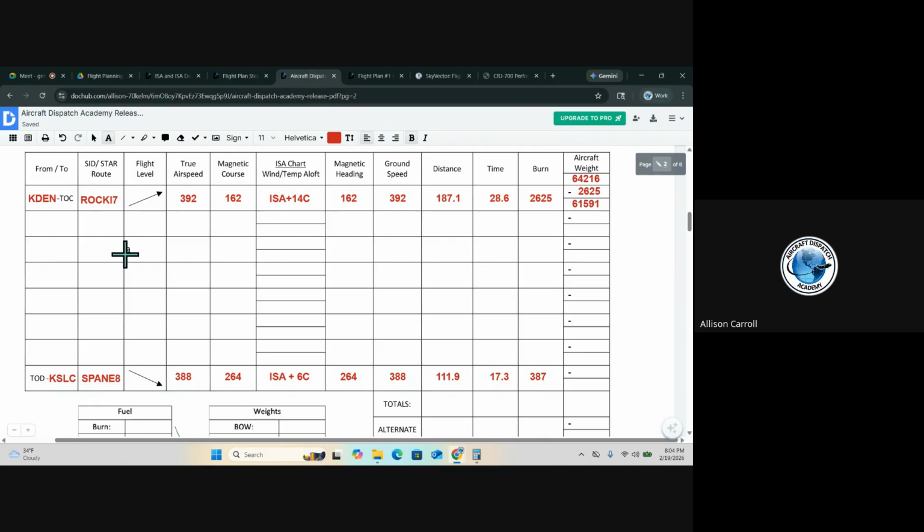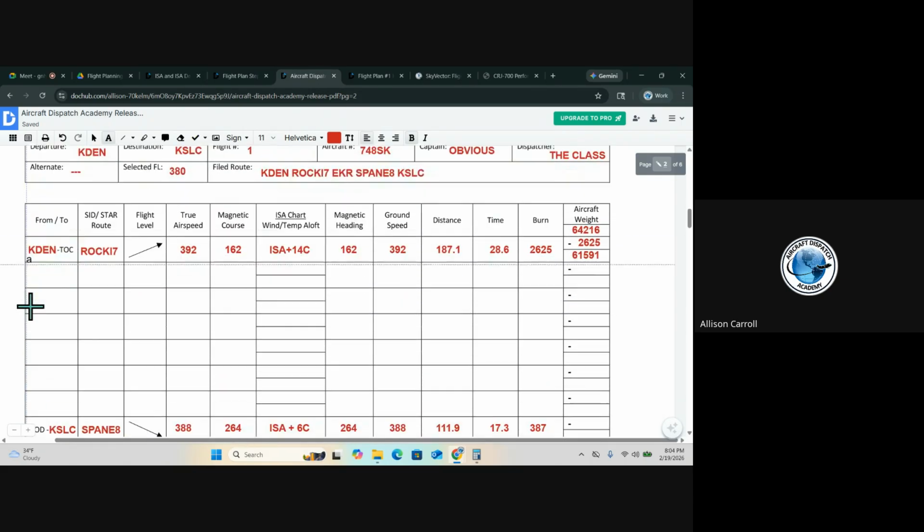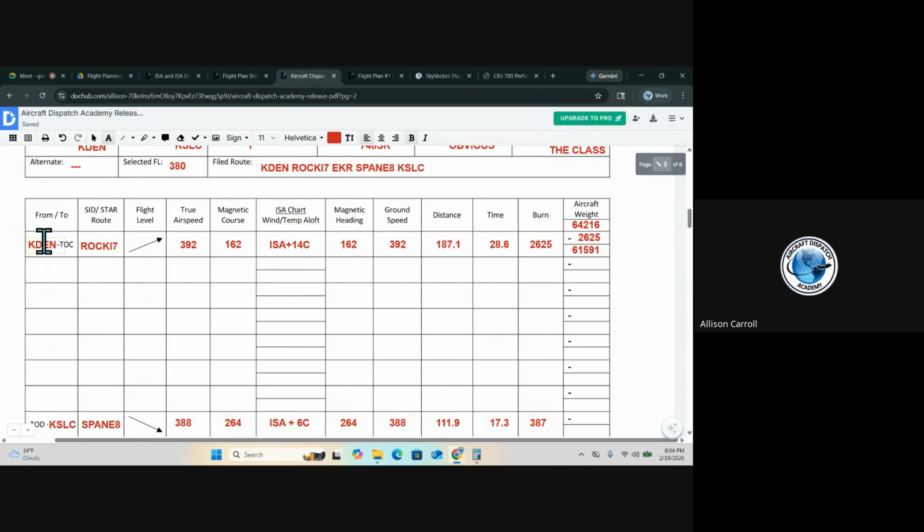So up here, our next line right here, we're going to start at top of climb, so TOC, but now, oops, sorry, can't type. We are going all the way to top of descent, TOD.